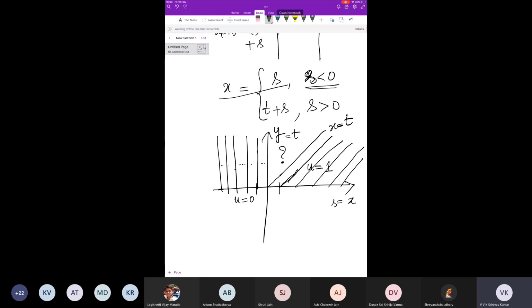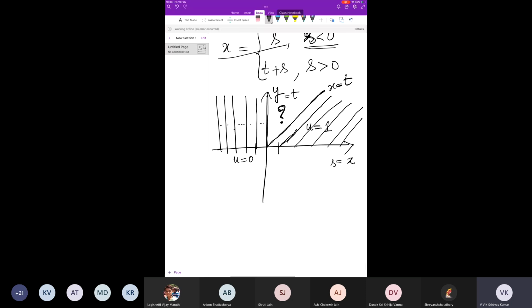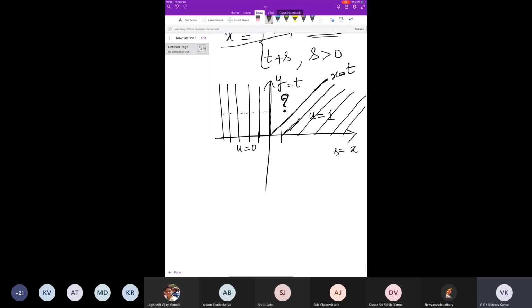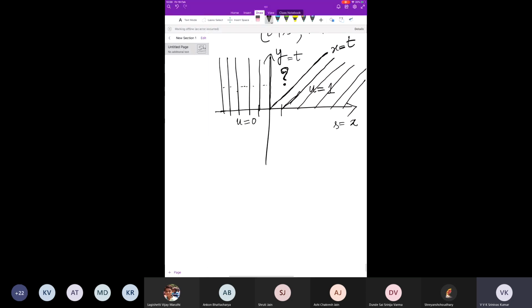So how to go about defining a solution in this wedge, between x is equal to 0 and x is equal to t? When x belongs to 0 and t, how to define a solution?